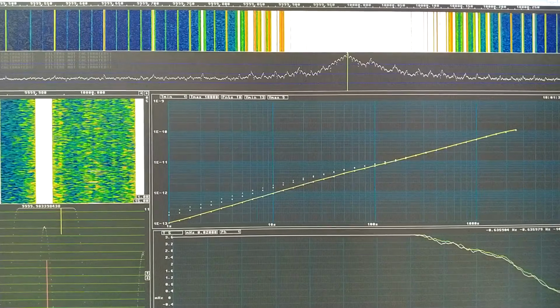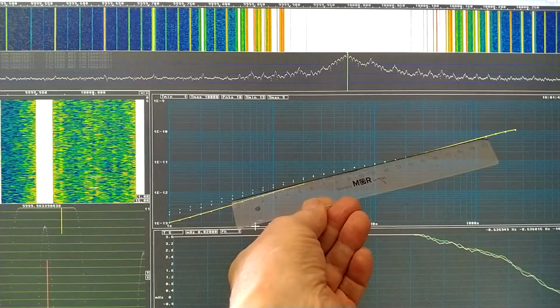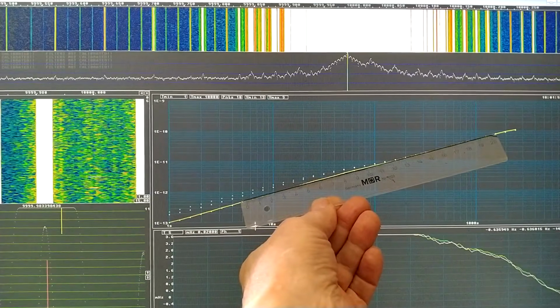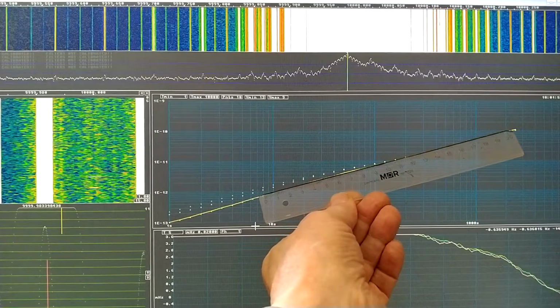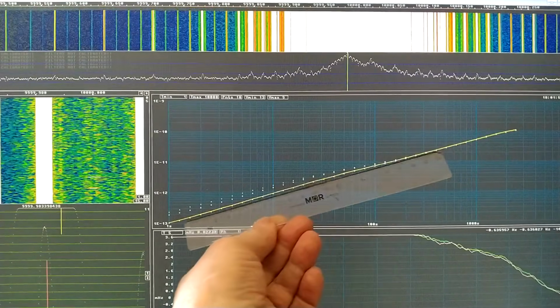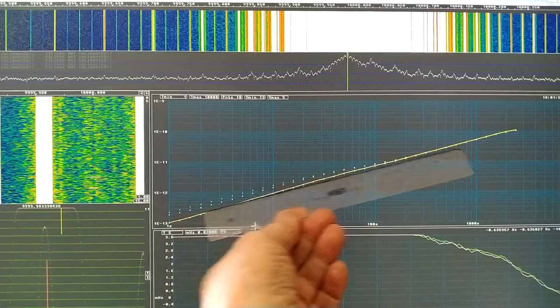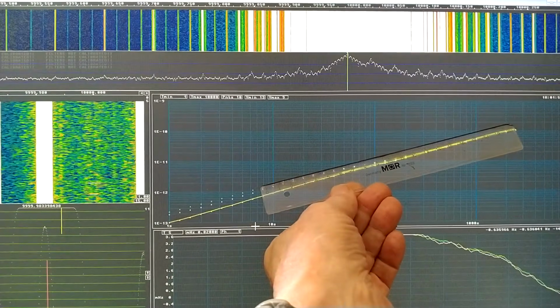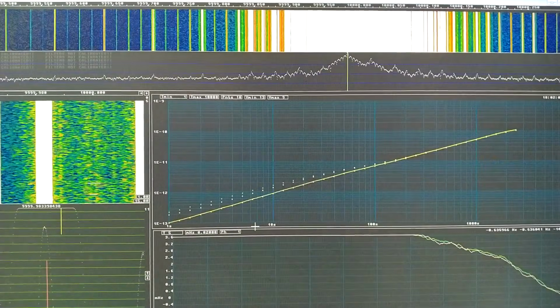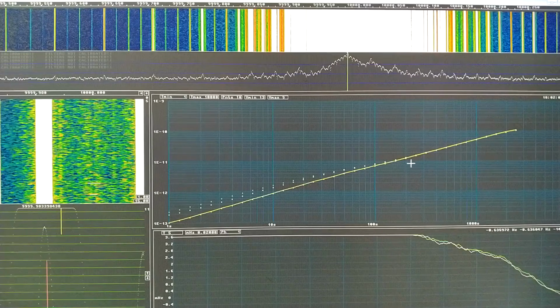The Allan deviation is a nice, almost straight line. The curvature is small. A straight line from here will go something like this. And above 200 seconds, there is no difference between the noise in the two channels.